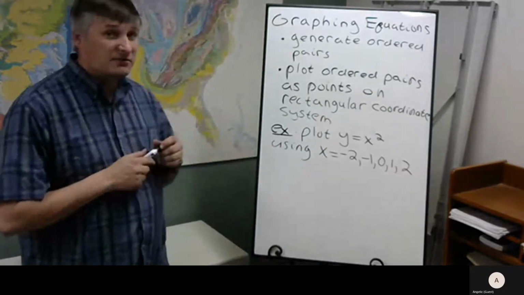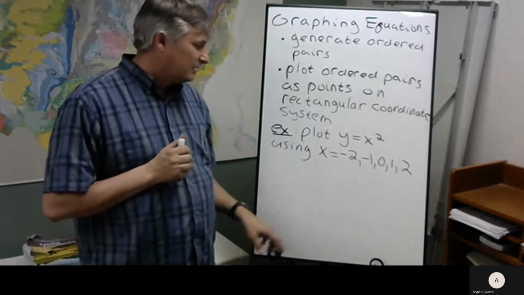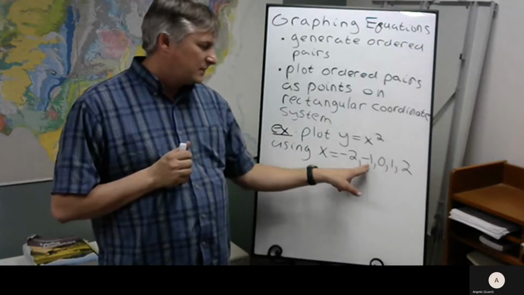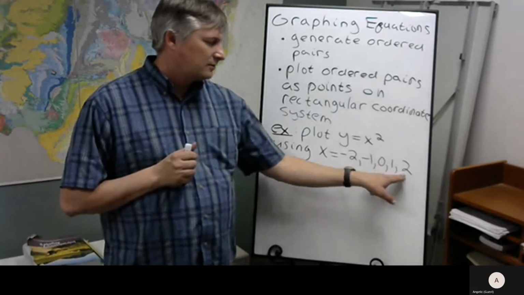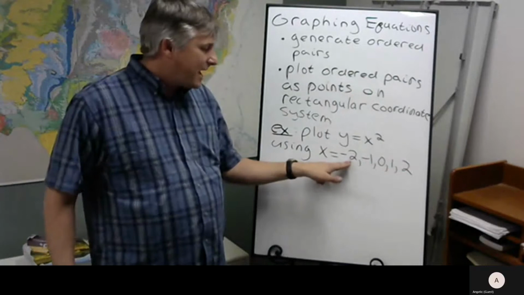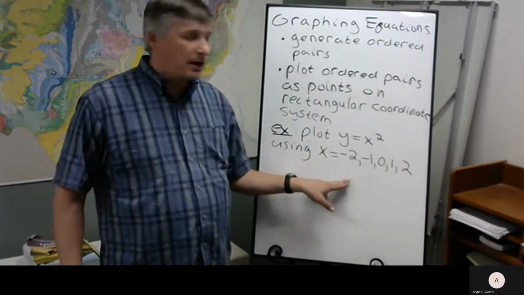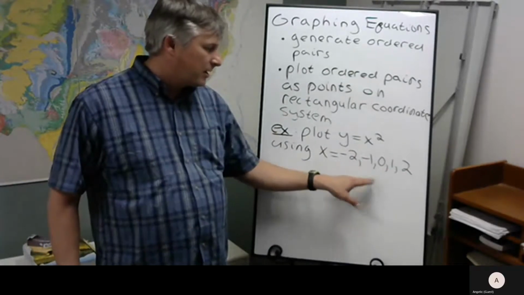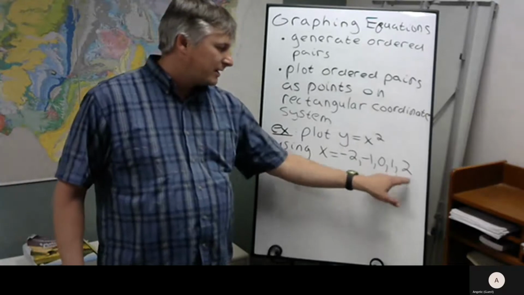So we're going to use 5 points here. x is -2, -1, 0, 1, and 2. Now what's going on here is for each x, we're going to generate a y. x, generate a y. x, y, x, y, x, y.